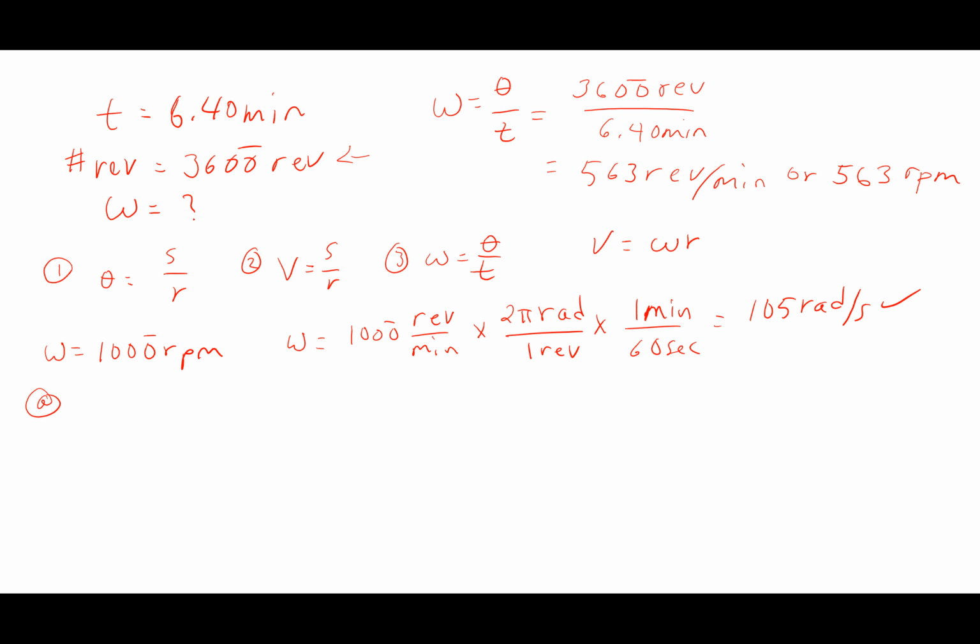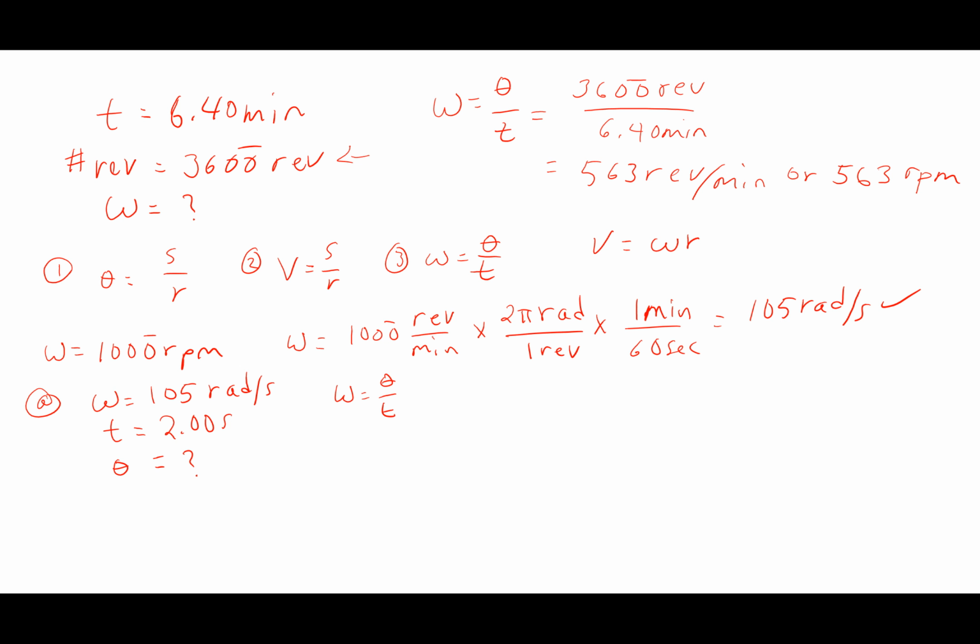So now we can work on the next part. Our omega that we just found is 105 rads per second, and time is 2 seconds, and we're looking for theta. Our basic equation again is omega equals theta over t.